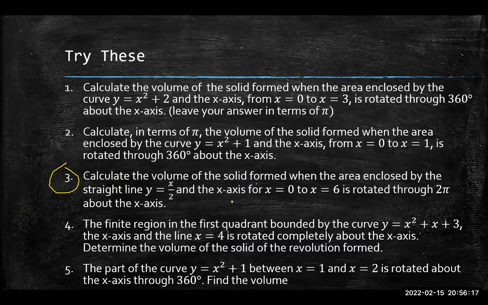But you're still applying the same thing, right? y is the same as f of x. So the f of x that you're using would be x on 2. Your upper limit would be 6, lower is 0, and just use the rule to find the volume. So I'll wait, and you tell me what answer you get.